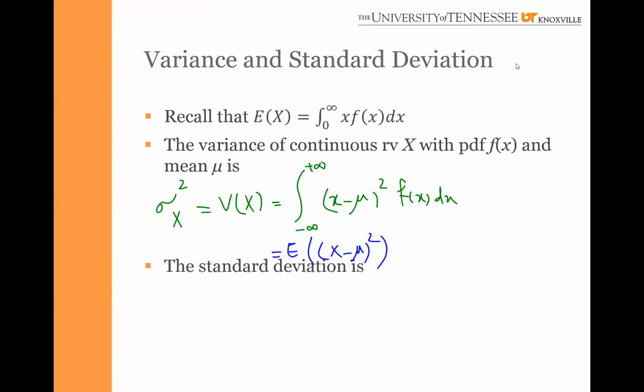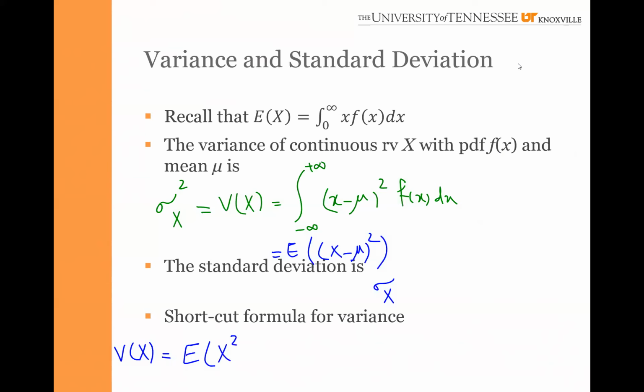Standard deviation is just the square root of this. And we also have a shortcut formula, which is variance of x is equal to E of x squared minus E of x squared, or mu squared.